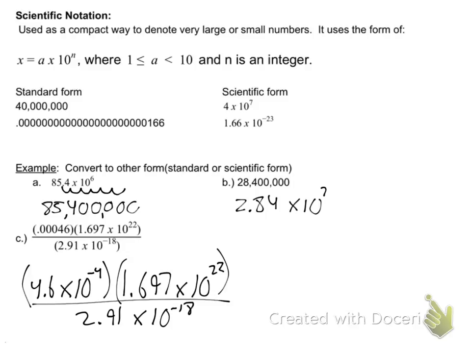So they're all in scientific notation now. Now, what I'm going to do is take my calculator, because most of us would take a little bit too long to do this. I need 4.6 times 1.697 divided by 2.91. I am going to take the numbers without the exponents, and multiply across the top and divide by the bottom.